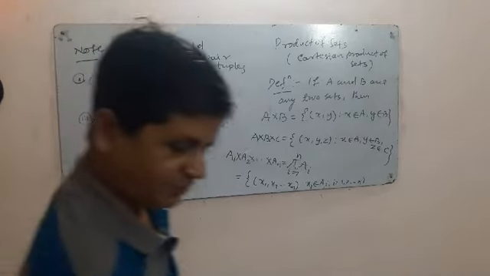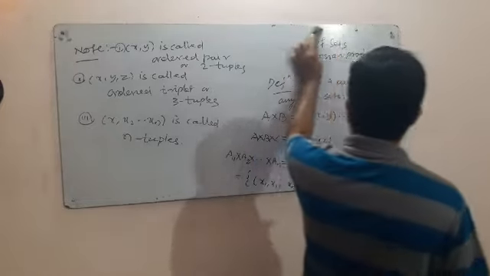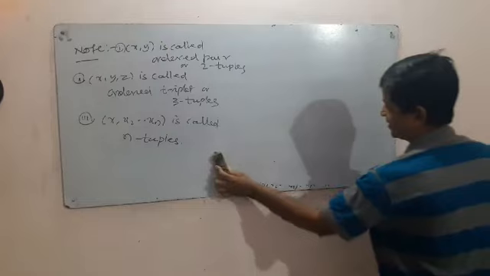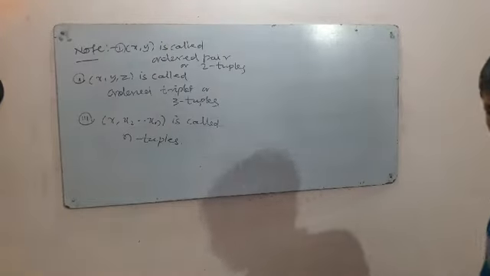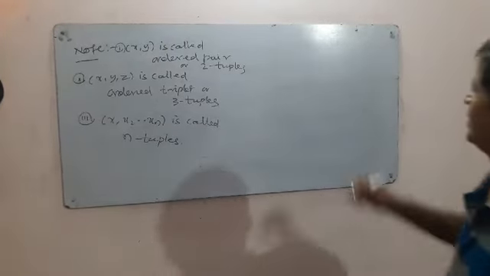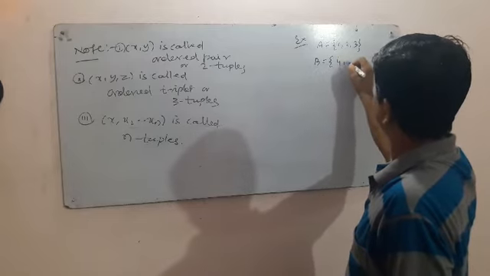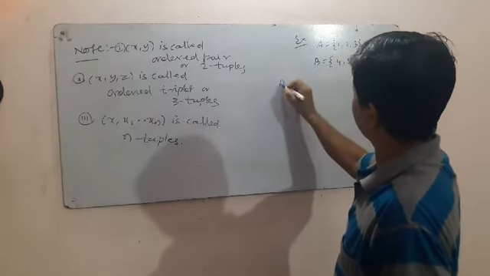Now come to one example for product of sets. How do we define the product of two sets? Look at the example. Set A contains the elements 1, 2, 3. Set B contains the elements 4, 5. Then what is A cross B?